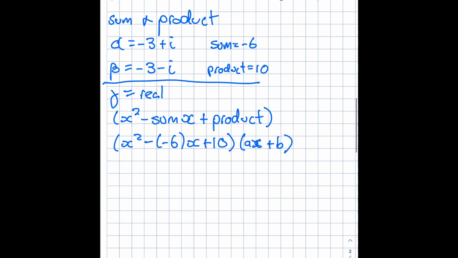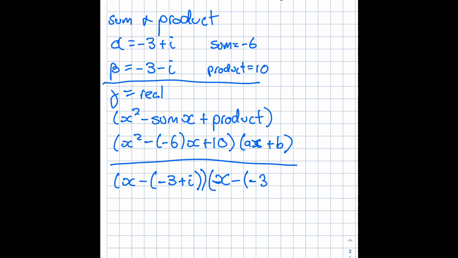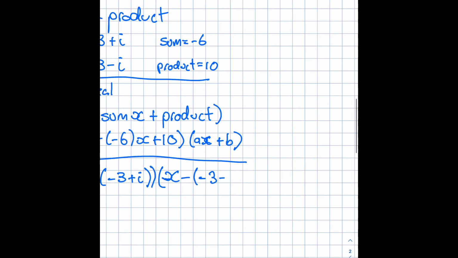I'm just going to pause here to quickly go through the other method, which would be to go, well, x minus -3 plus i is a root, x minus -3 minus i is a root, and then our final one here is ax plus b is also a root. I keep forgetting the coefficient, which is poor notation.